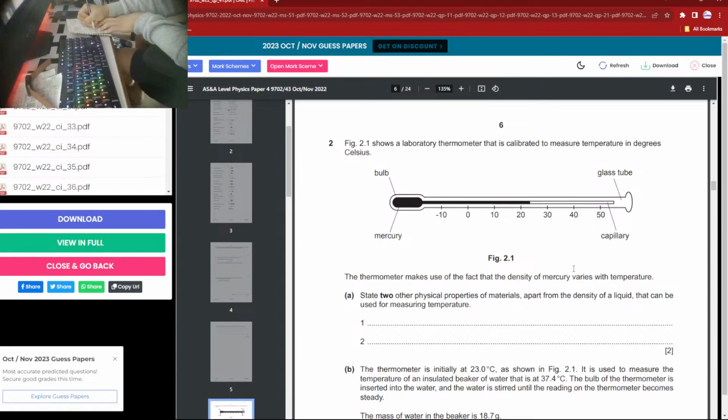Volume of gas at fixed temperature. So how this works is, if thermal energy is applied to a gas, it will increase the internal energy.